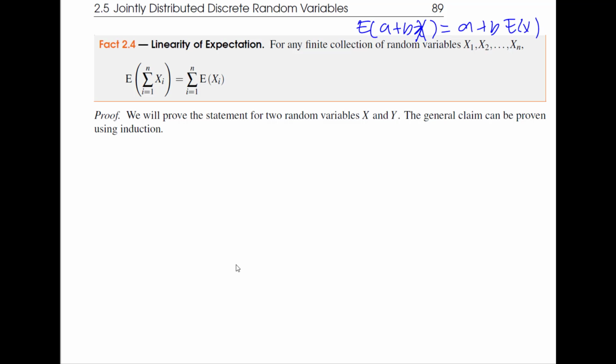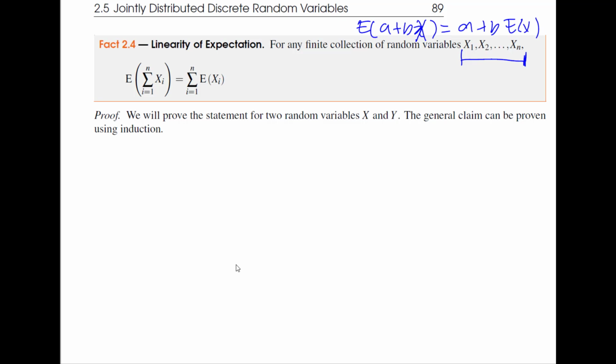But now we have a collection of random variables from 1 to n. The theory that we've been looking at for 2 random variables extends very straightforwardly to n random variables.